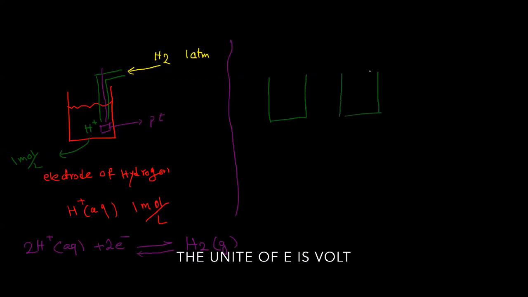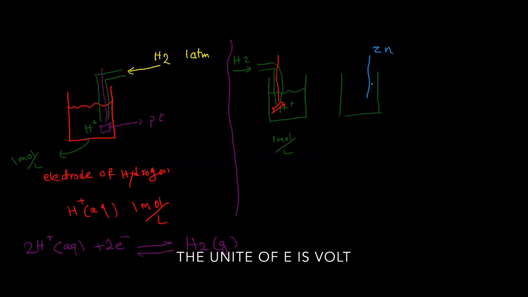One of these is the hydrogen electrode, so I quickly write H+ with a concentration of 1 mole per liter, and I have these tubes, hydrogen entering from here, and then I have this platinum, where the exchange of electrons happens. On the other side, let's say I have zinc.